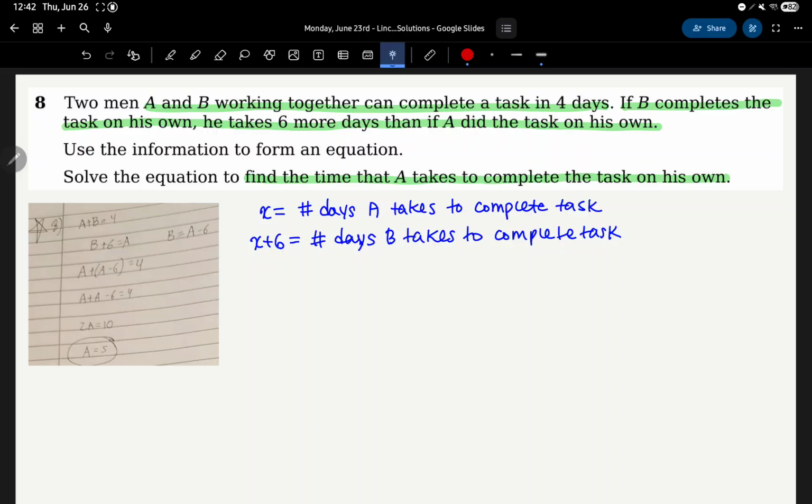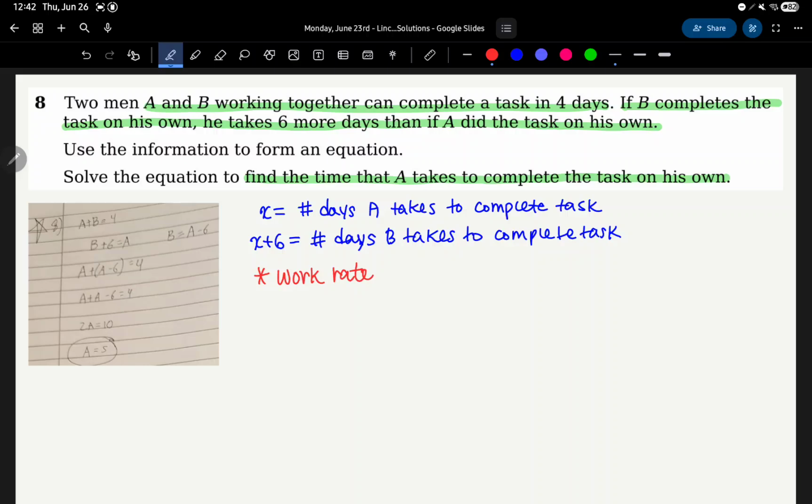So from here, how do we get the answer? We need to use something called a work rate. So problems like these, where we don't have an exact measurement to calculate A and B, and it's very unclear how to set the variables, we need to use something called rate. How do we do that?